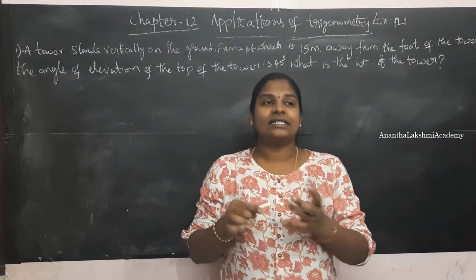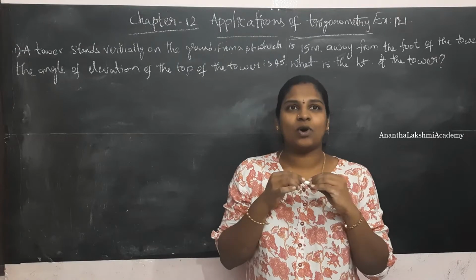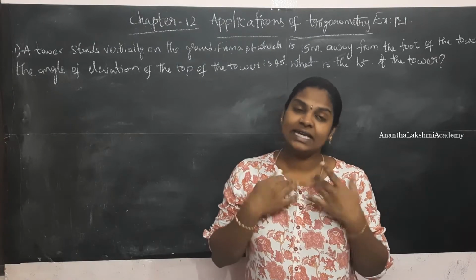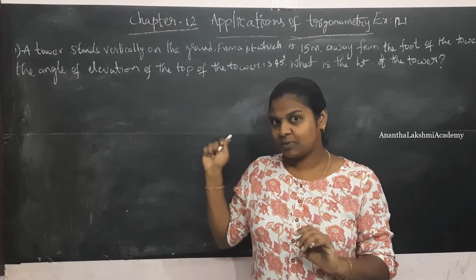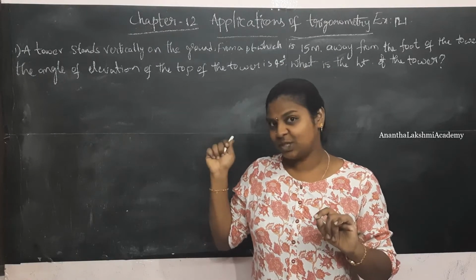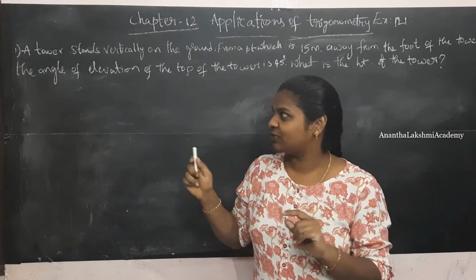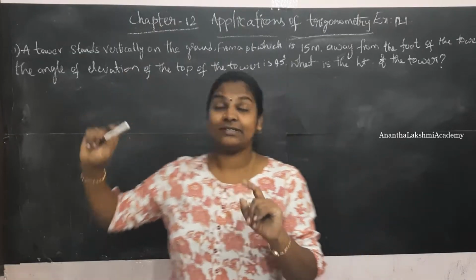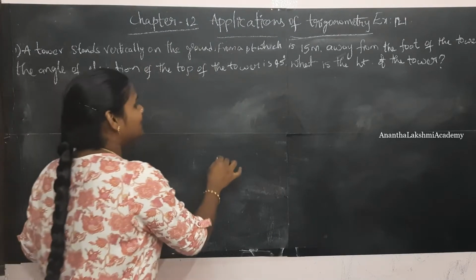You get the solution very easily once you draw the diagram perfectly. Applications of trigonometry deals with correct diagrams. If you look at this problem, a tower stands vertically on the ground. Let me draw a vertical line.